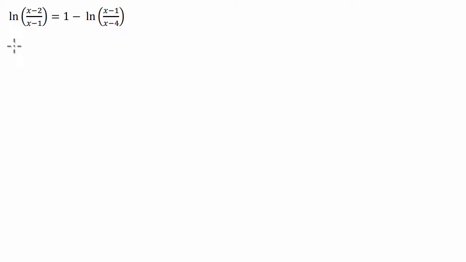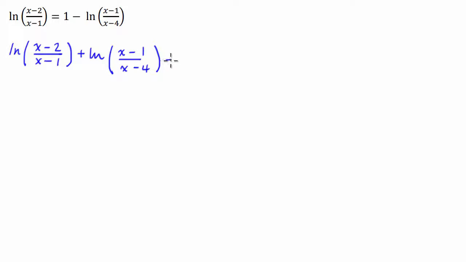We're left with the natural log of (x take 2) on (x take 1) plus the natural log of (x take 1) on (x take 4), and that's all equal to 1.